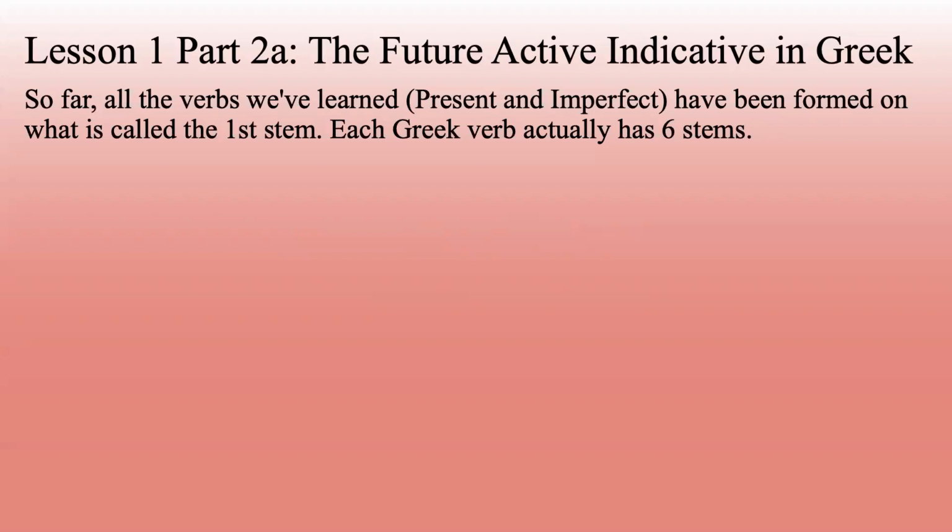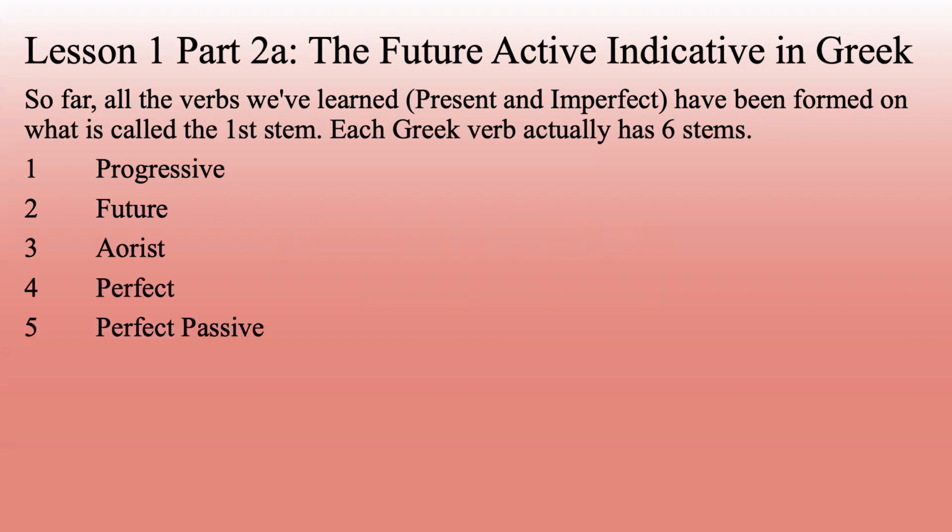So far, all the verbs we've learned, present and imperfect, have been formed on what is called the first stem. Each Greek verb actually has 6 stems. We have the progressive, the future, the aorist, the perfect passive, and the aorist and future passive.